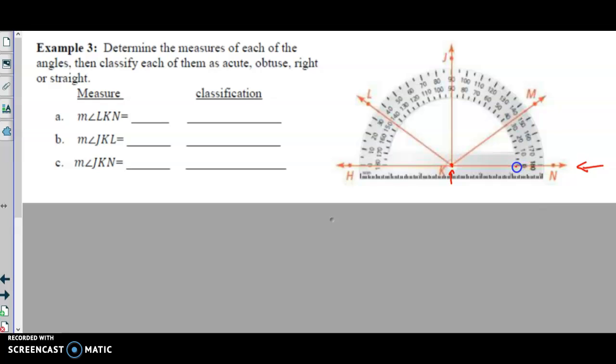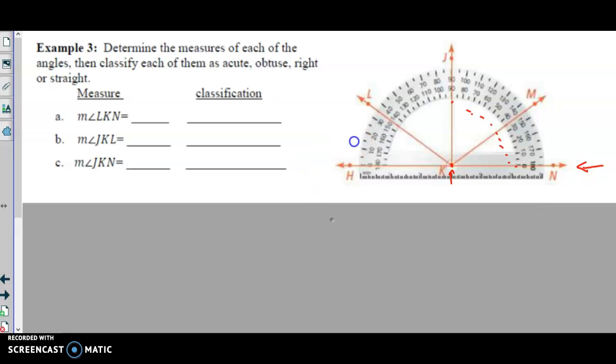We start here with 0, and you go around up here to 90 degrees, where it's a right angle, and then on around to 180. Or you could start at this end and have 0 on the outside, and you go around, and it measures to 180 this way. So let's take a look at some ways that we can figure out the measure.